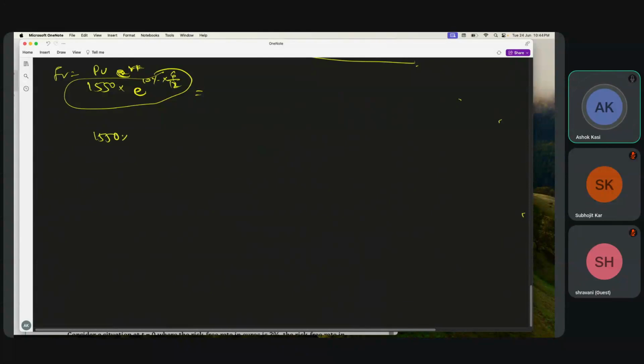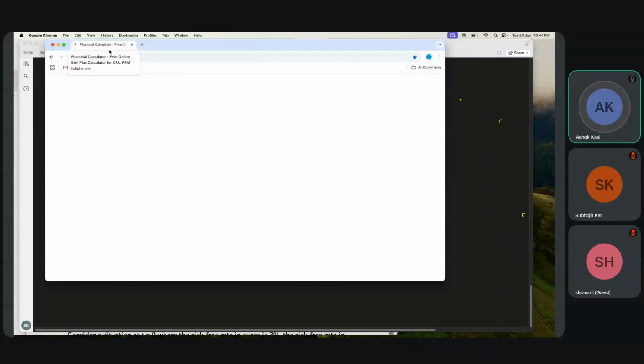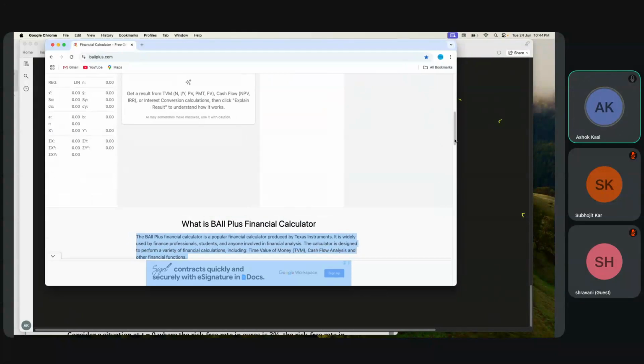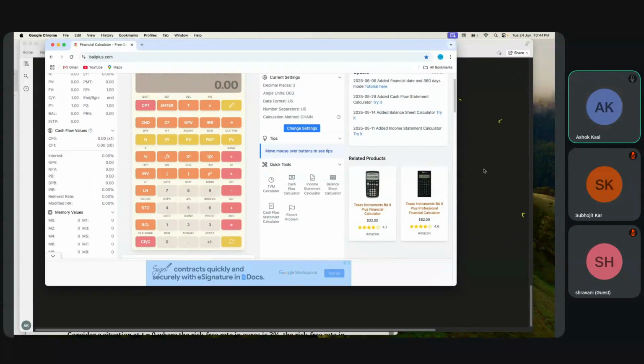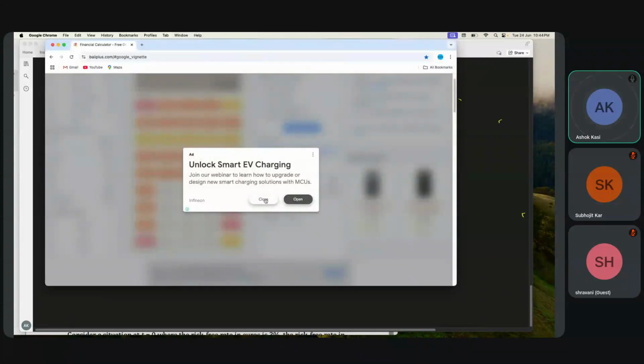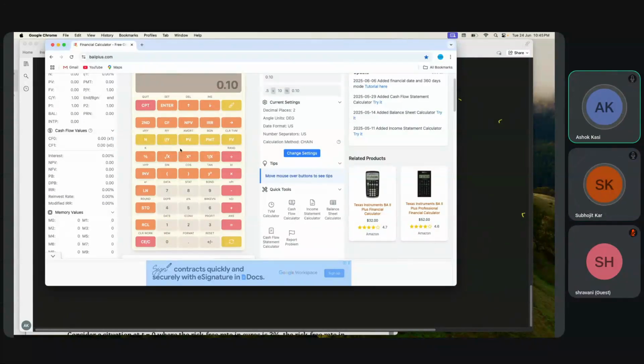So 1550 into e raised to 0.5 into 10 percent, that is 0.5 into 0.1, equal to 0.05.